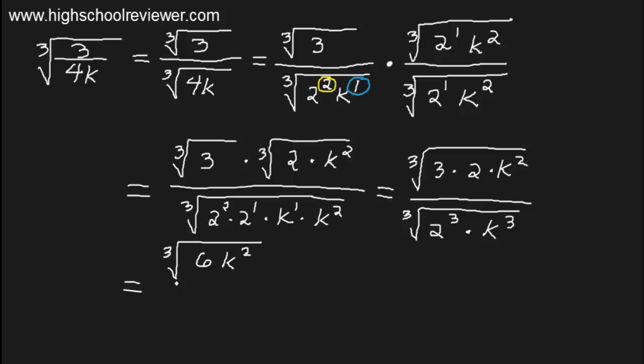We cannot simplify this anymore, so that will be our numerator. But we can simplify the denominator. The cube root of 2 raised to 3 is 2, and the cube root of k raised to 3 is k. Therefore, the cube root of 6k squared all over 2k is our final answer.